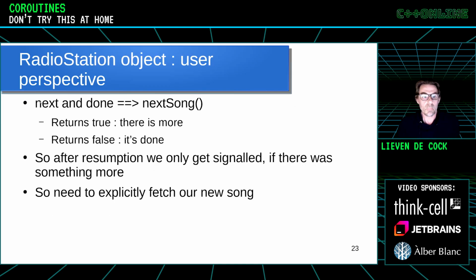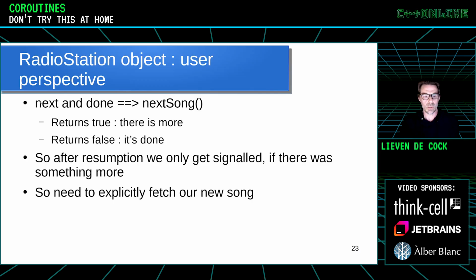Okay, next song, and are we done? We can combine this together in one method in our API, next song. One method less in our radio station API, easier to understand. If next song returns true, that means there is more. If it returns false, it means we're done.